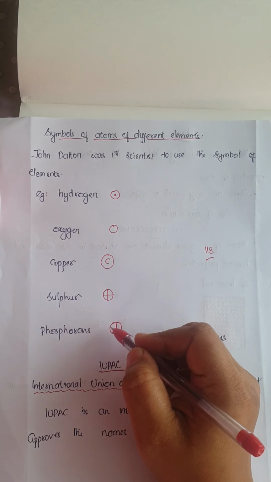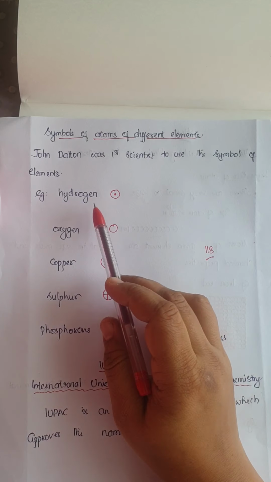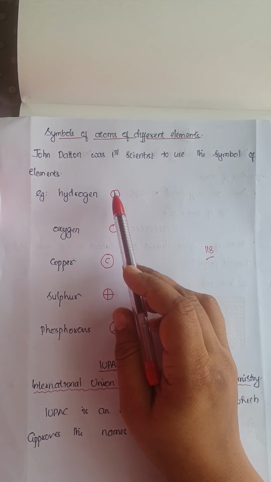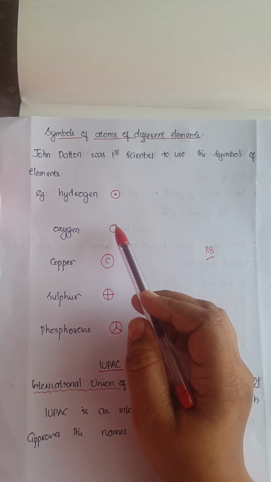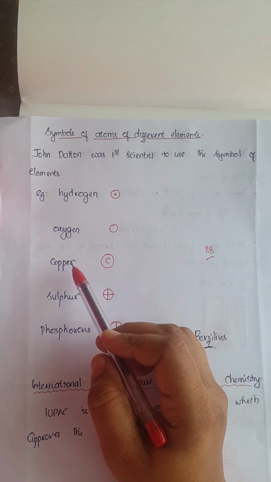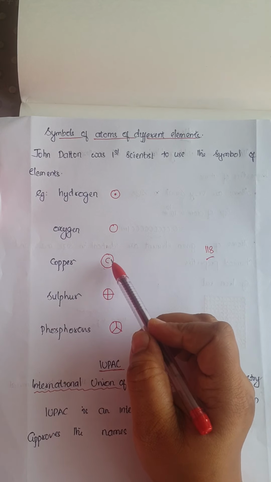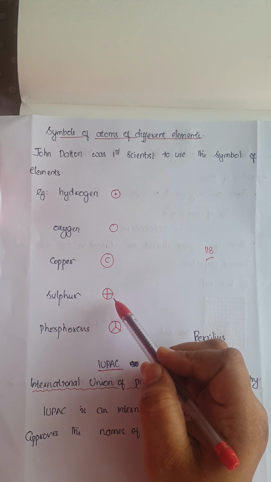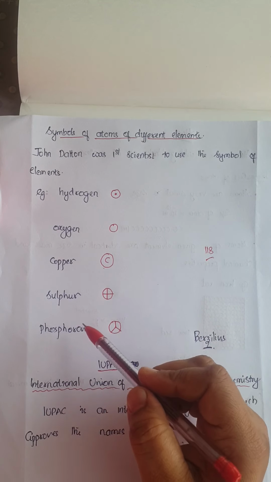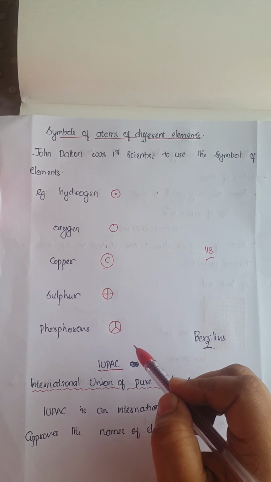It's similar to the symbol of a bench, right? Yes. Hydrogen is represented by a circle with a dot at the center, oxygen with a circle, copper by a circle with C at the center, sulfur a circle with a cross. And phosphorus is almost similar to the symbol of a bench.